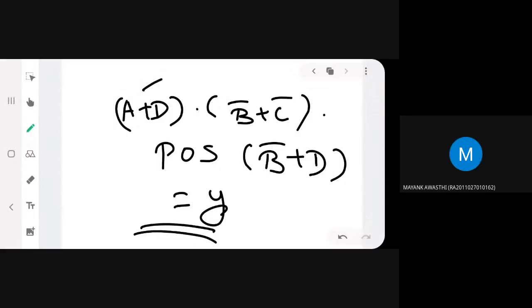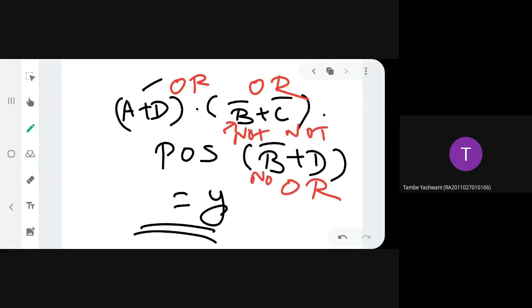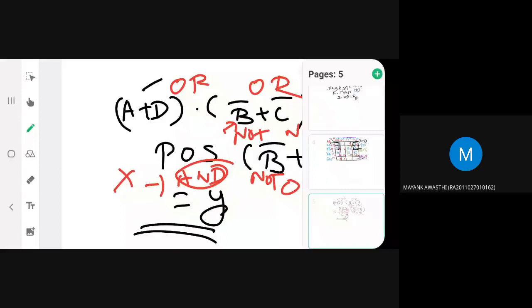So you have to realize this with OR gate, here OR gate, here OR gate. Before that, here you have to take the complement, so NOT gate, NOT gate, NOT gate. And finally you have to take the product, so AND gate you are going to use. So you should realize this in terms of gates.